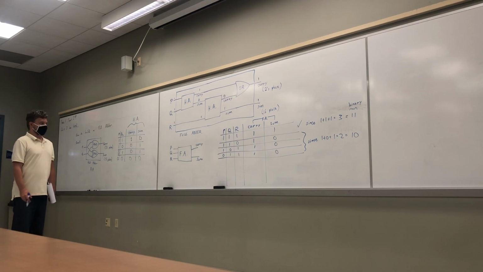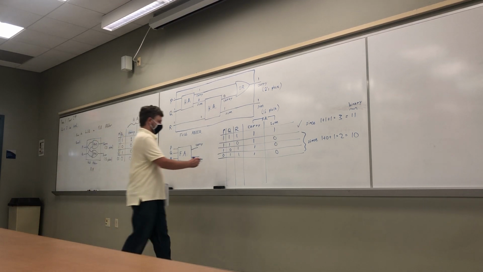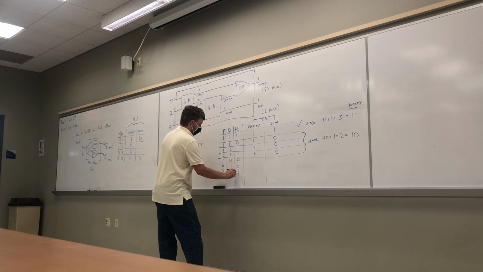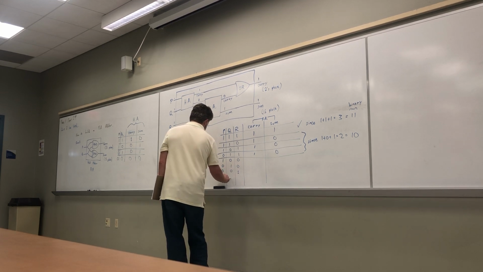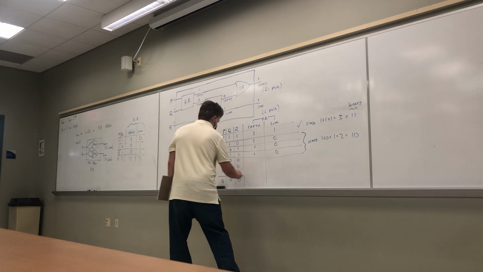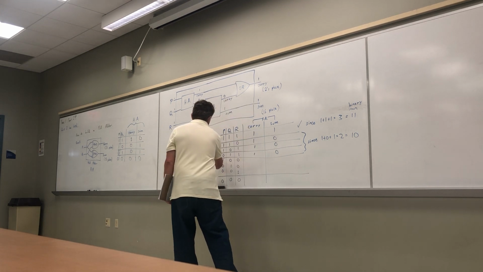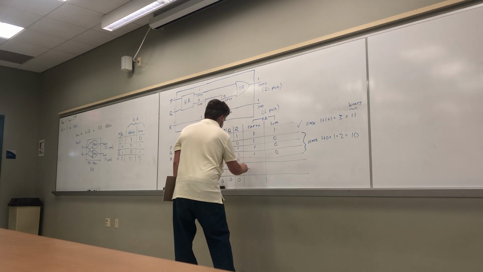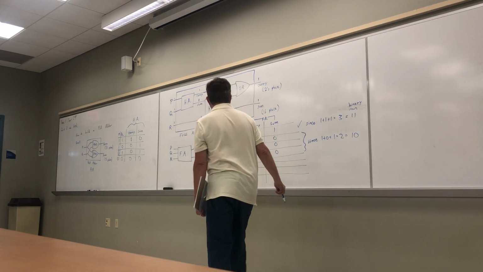Then the next group would all be like 2 zeros and a 1, so they'll add up to 1. So it'll be like 1, 0, 0, 0, 1, 0, 0, 0, 1. And then the last one will be 0, 0, 0. But these, well, my lines are not great today. Good enough.